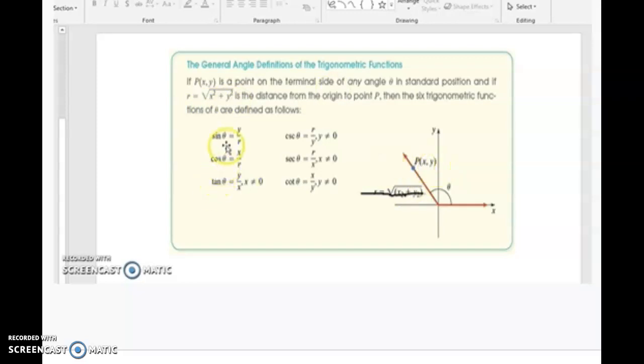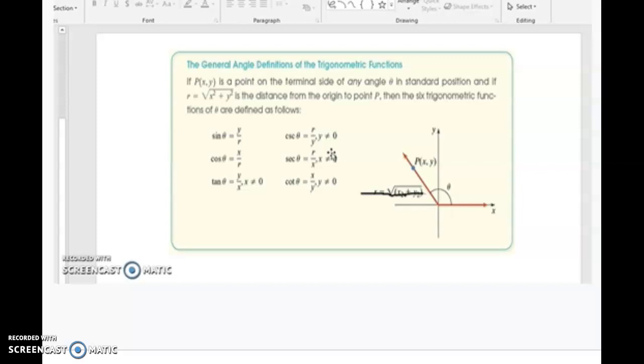And therefore, the definition of the six trig functions is as follows. This is the general definition, regardless of whether the radius is 1 or the radius of the circle is more than 1. Of course, the nice thing about these definitions is we can use them whether the circle is drawn or not.